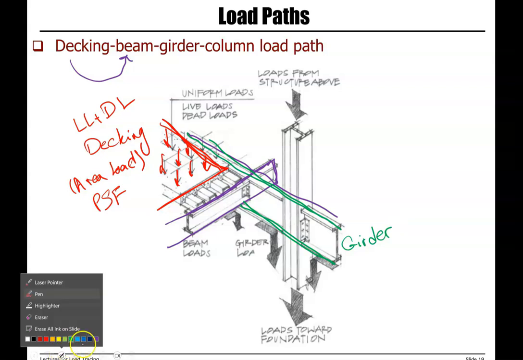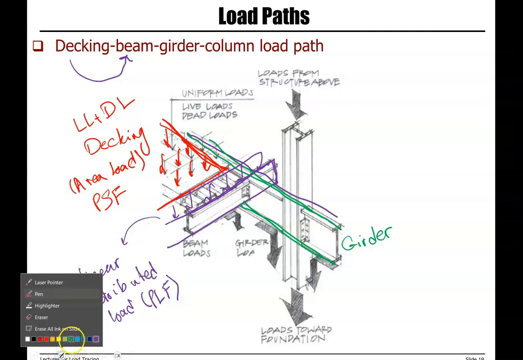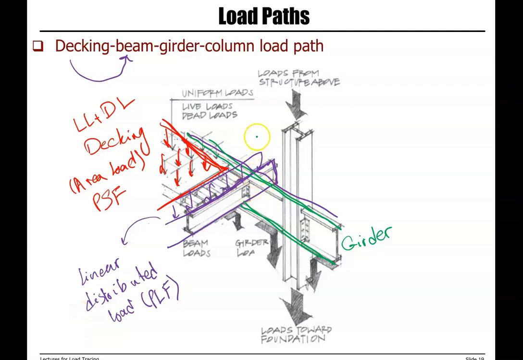So we will have a linear load on our beam, or distributed load, which will be in PLF, and where it's connected to the girder, here we will have a point load or concentrated load in pounds.